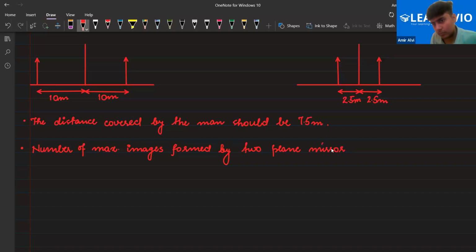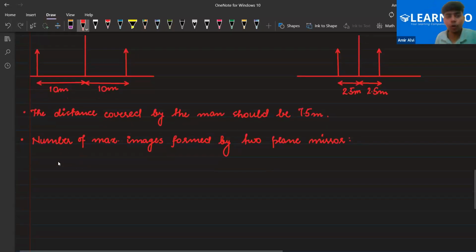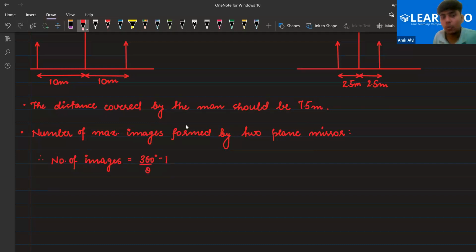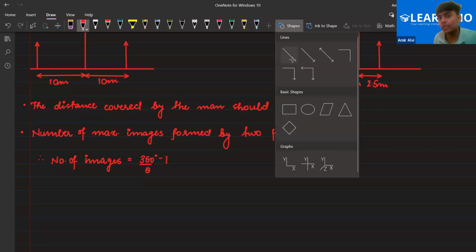So in that case, the formula is number of images equal to 360 by theta minus 1. What is theta? Basically the angle between the two plane mirrors.